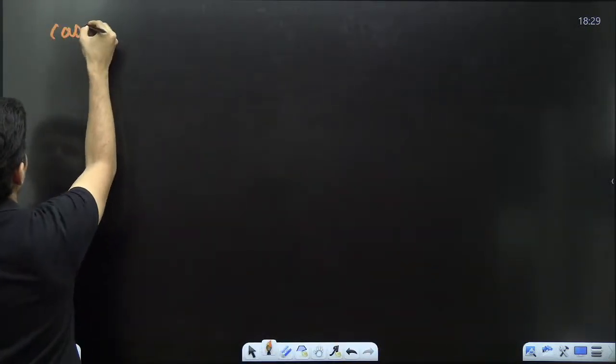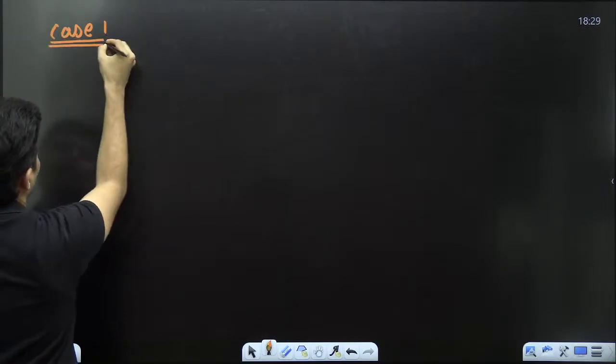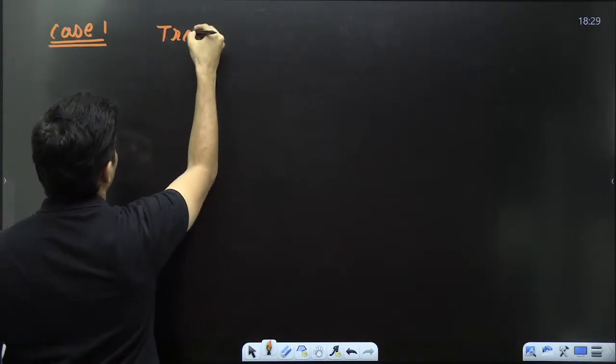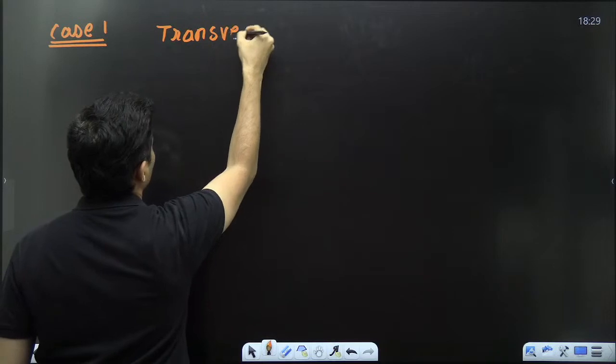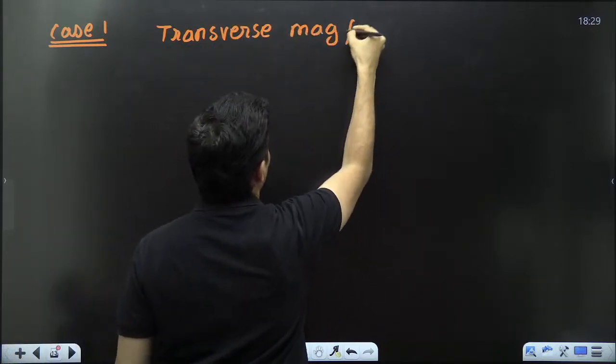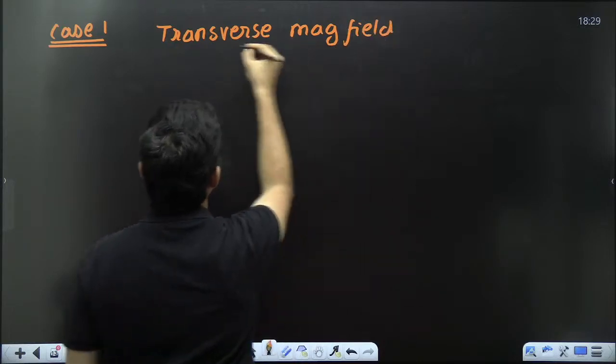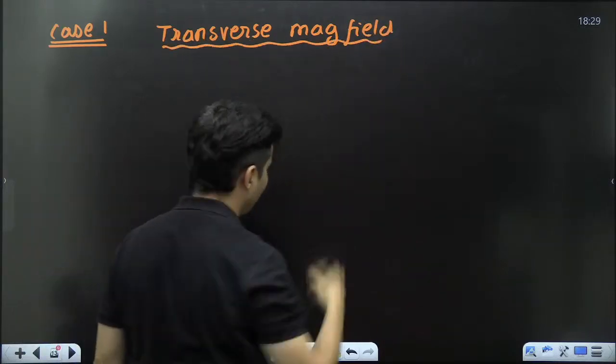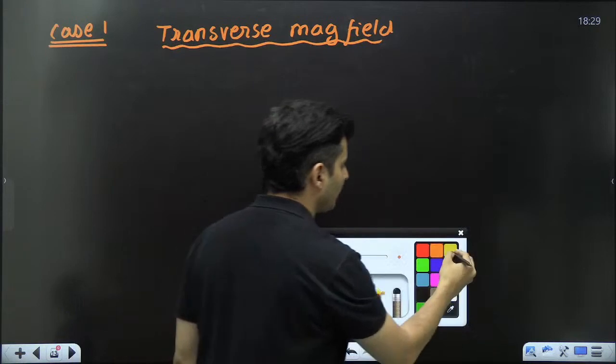So let's take some very peculiar cases. Case one, where you have a transverse magnetic field. Transverse means perpendicular. What does it mean? Observe now.